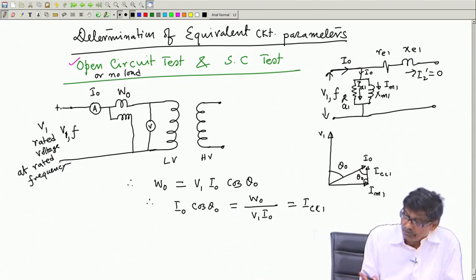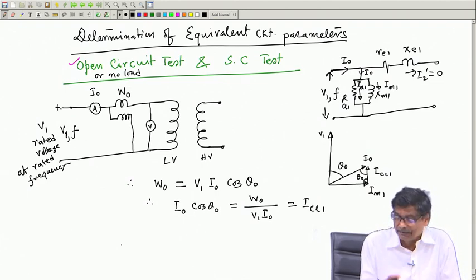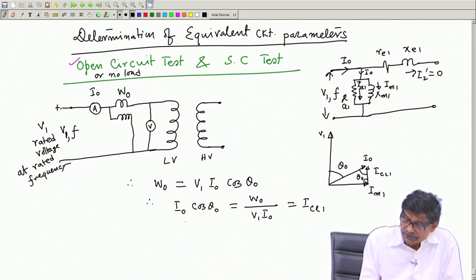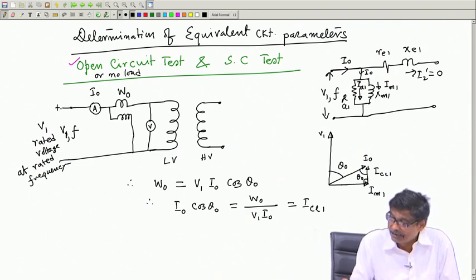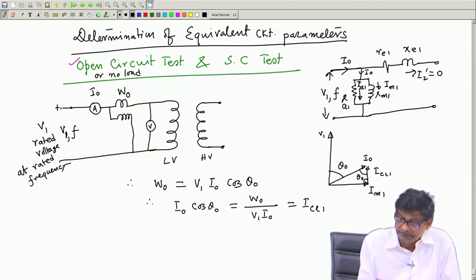Then follow this point very carefully. Some students make a big mistake. It is better to try to calculate IM also, the magnetizing branch, instead of trying to calculate V1 by I naught, which will give you the equivalent impedance; things become complicated.